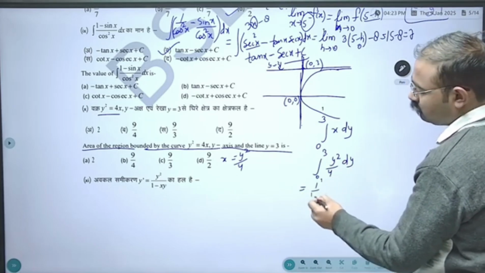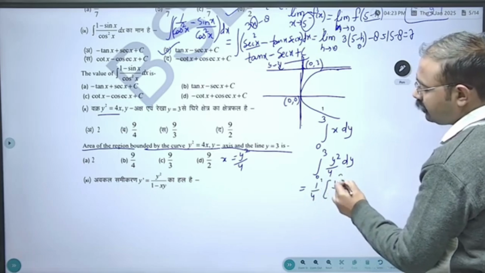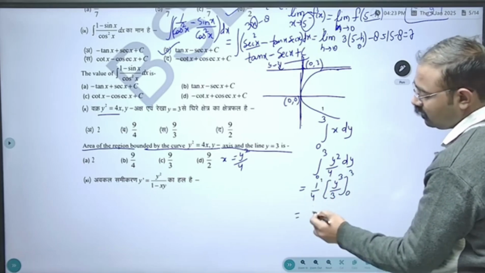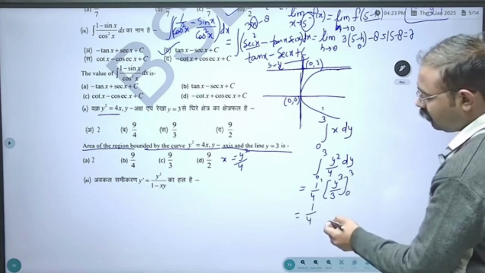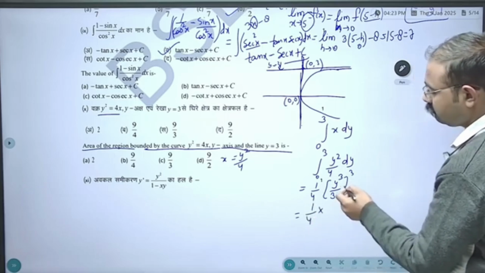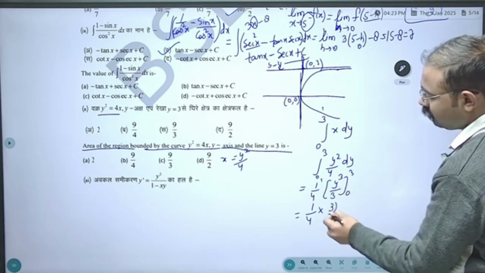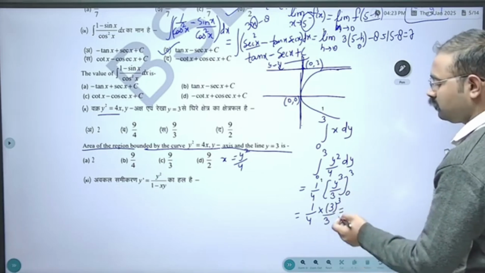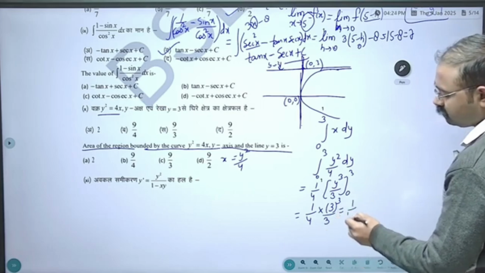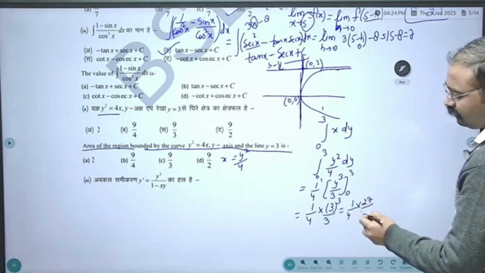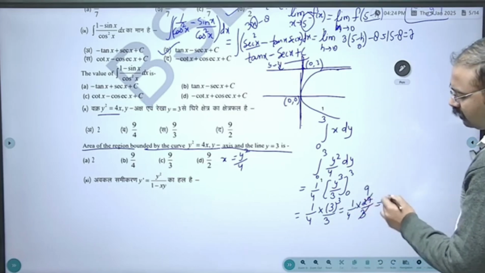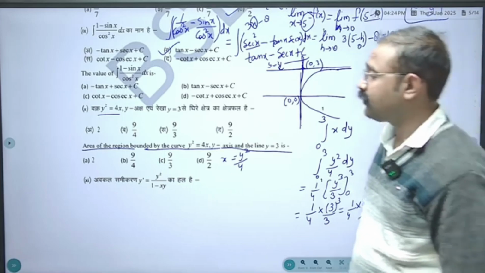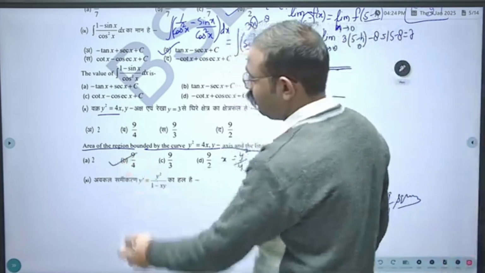Now 1 upon 4 outside. Integration of y square is y cube upon 3, with limit 0 to 3. Applying the limit, y cube means 3 cube upon 3, 3 cube is 27, 27 upon 3, 3 nines are 27. So 9 upon 4 square unit is our correct answer. Option B.